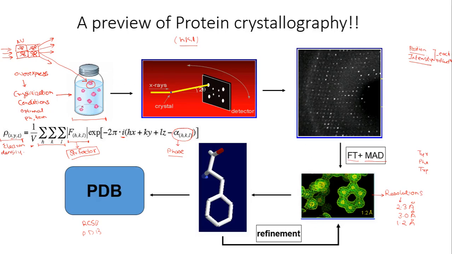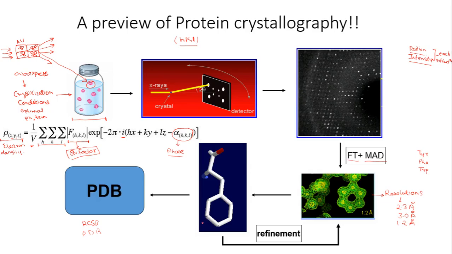Okay, so this is the overall process of crystallography. What you have is this. We are going to study the models of various proteins in our subsequent lectures or practicals. So what we would mostly be manipulating and playing around with is the model.